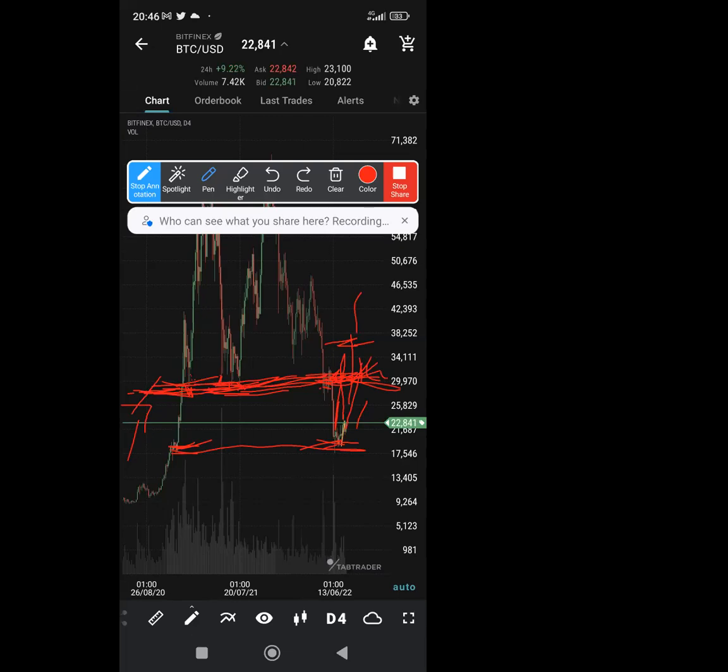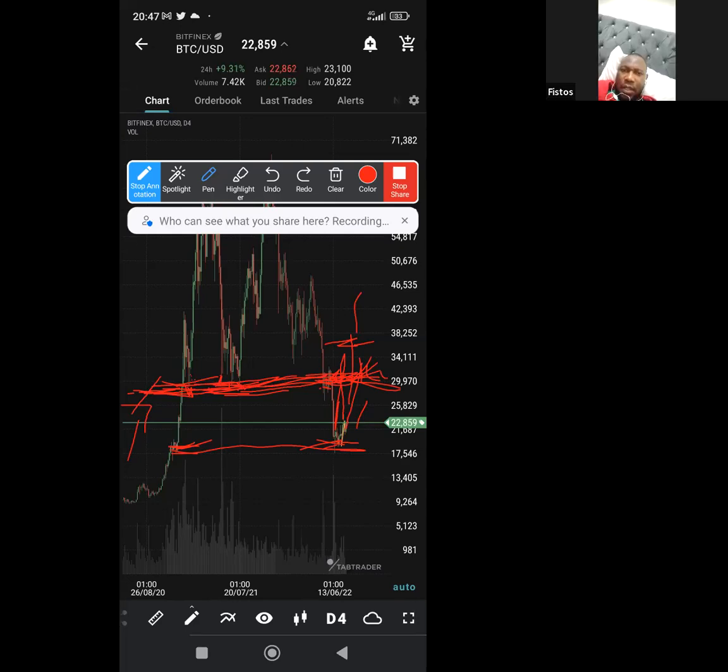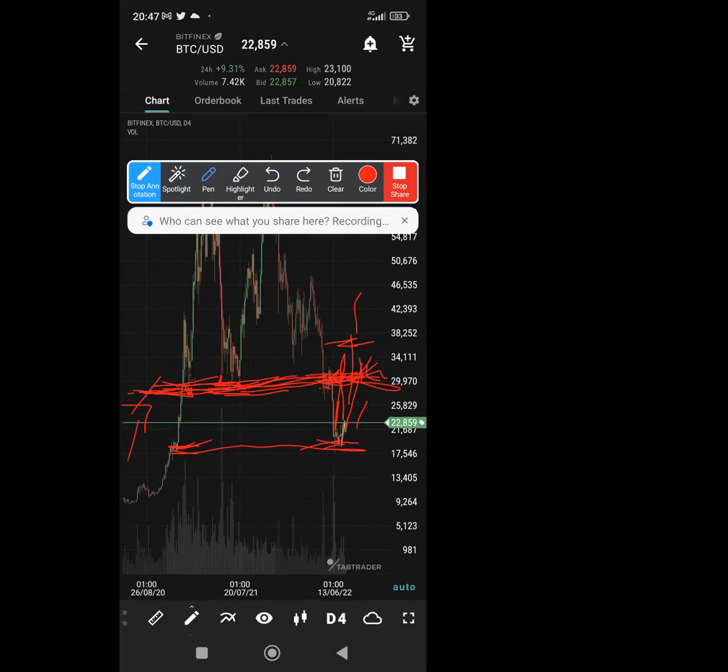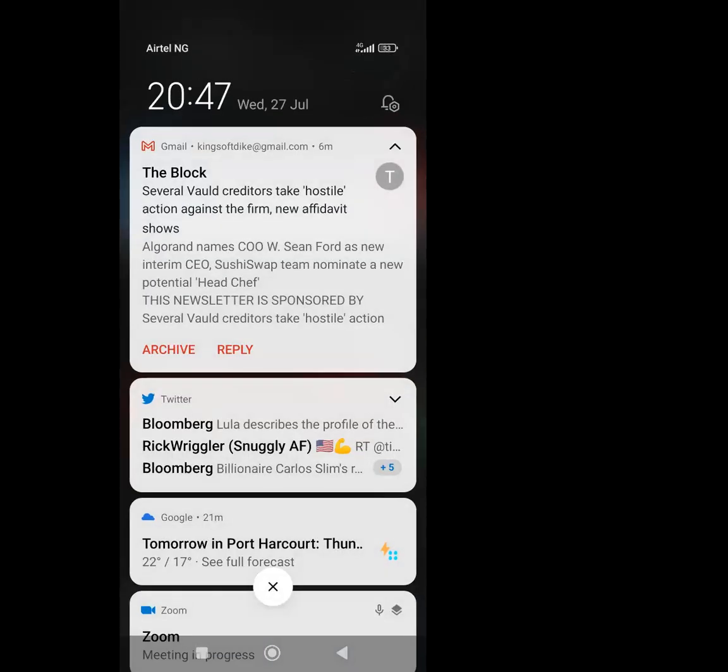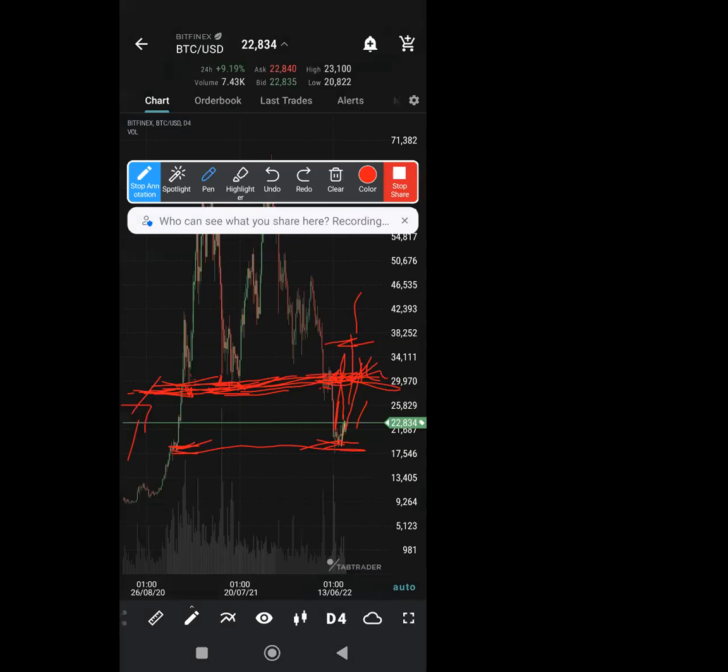Hope you understand the concept of support and resistance now. Yeah, it's clear. So that's how it is. These things happen because in a market, you always have buyers and you always have sellers. That's why you have different key price zones in the market.